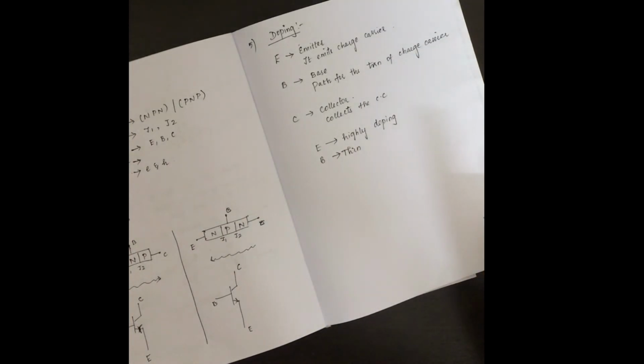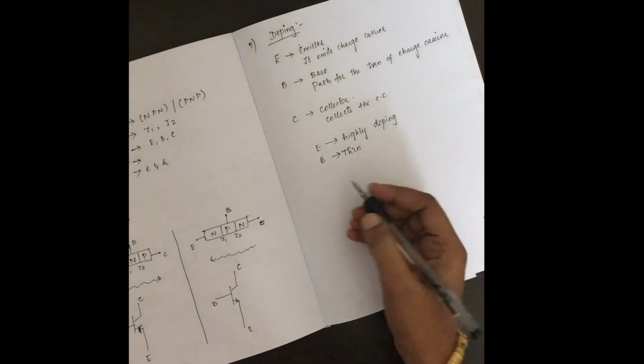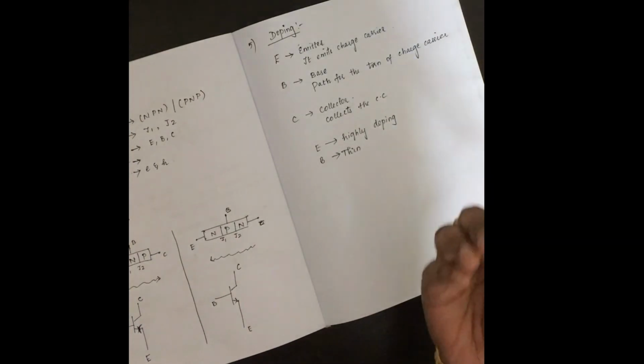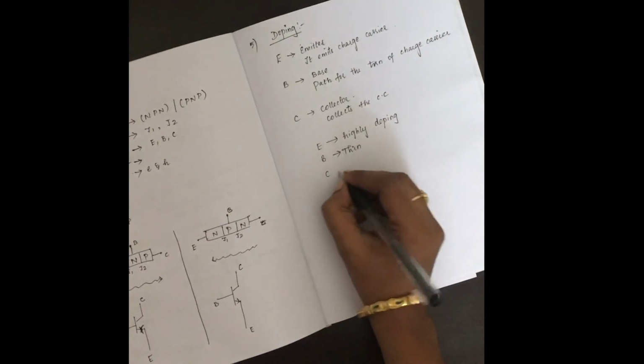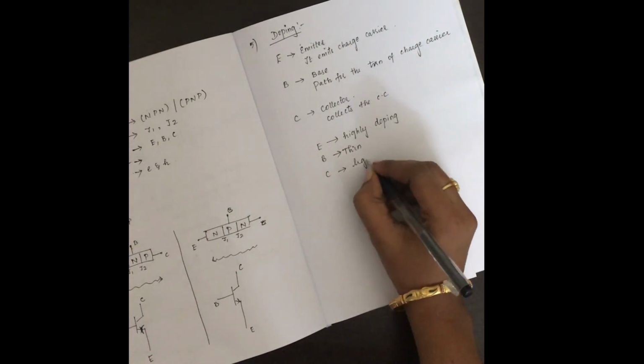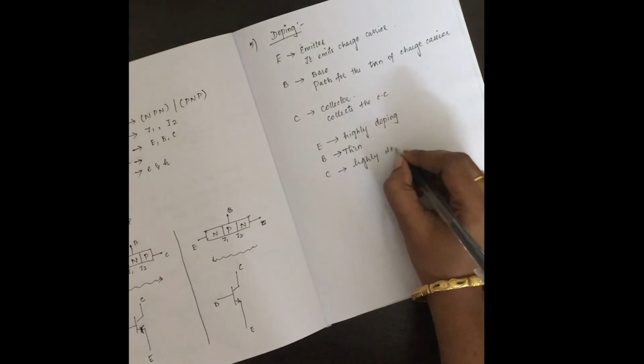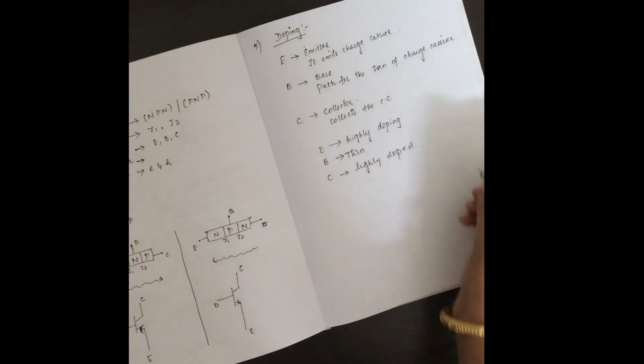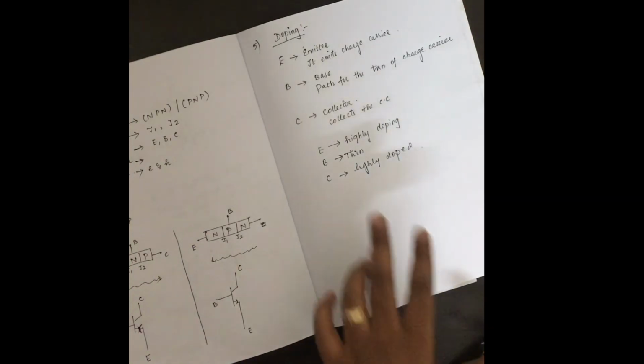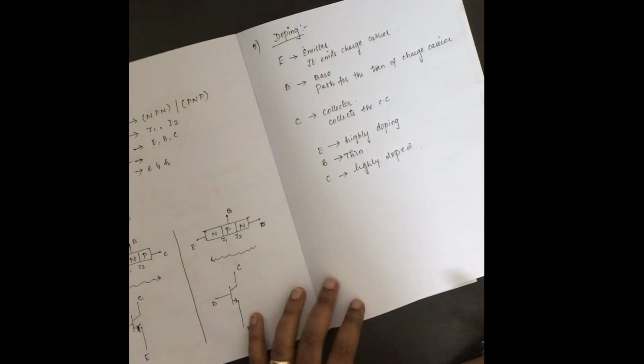It has to transmit, right? Only when it is thin can it transmit faster. So the doping level is very slight. Next is collector. Collector is slightly doped. That's because if doping is more, there will be more charge carriers. For collector you don't need more charge carriers. It needs more space to get the charge carriers emitted by the emitter. So this should be lightly doped.